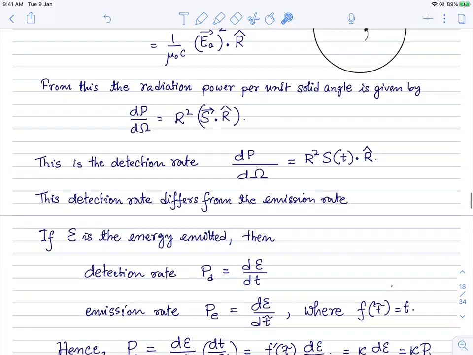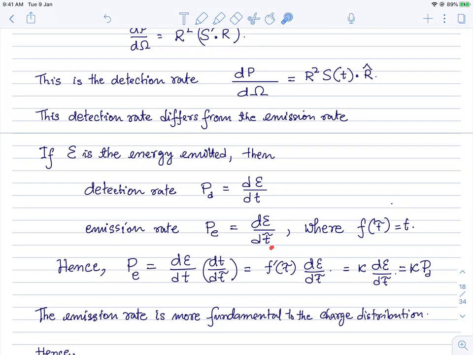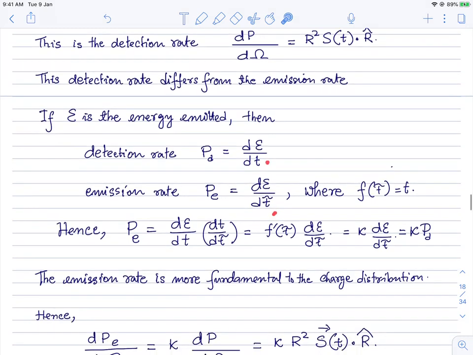And therefore the power being emitted at time t tilde is dE/dt tilde, where E is the energy in the radiation. This is the power per unit time being emitted. Then there is a relation between t and t tilde, the retarded time, essentially given by the f function, the retarded condition.